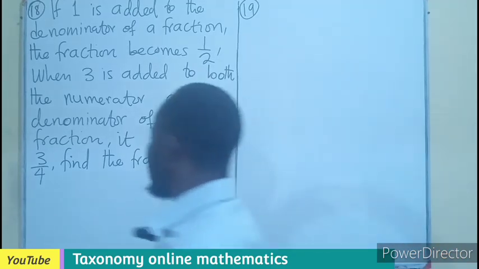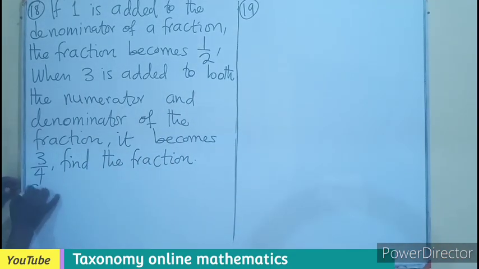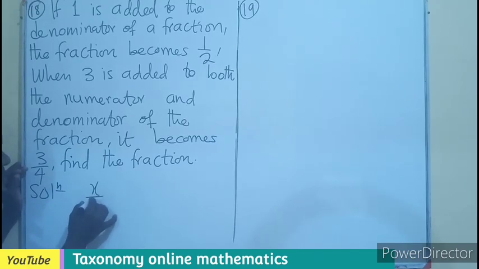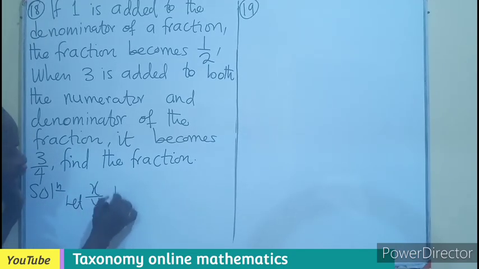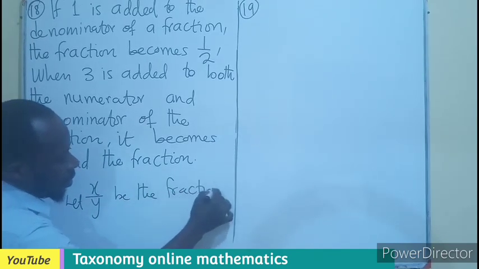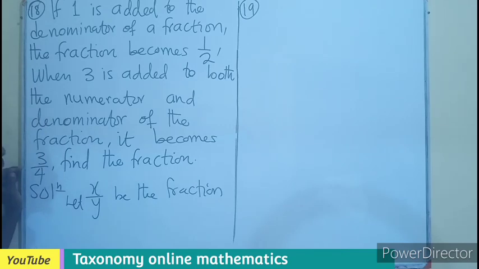In this case, we need to represent the unknown fraction by unknown variables, letting the numerator be x and y be the denominator. So this is the fraction we are looking for.